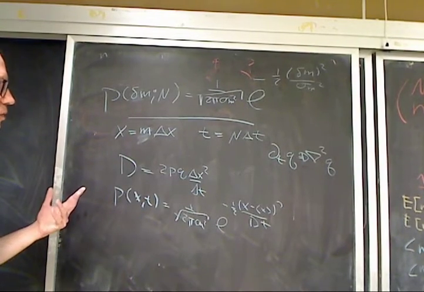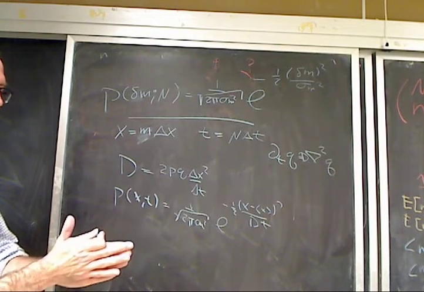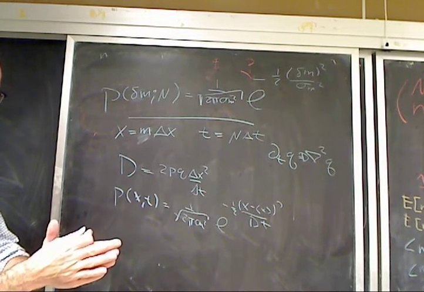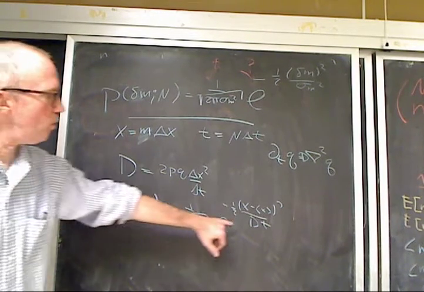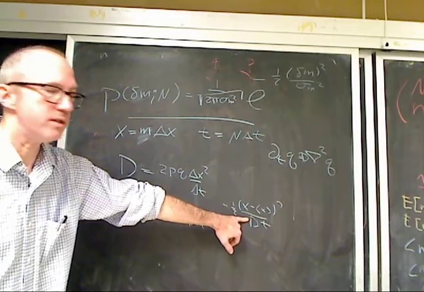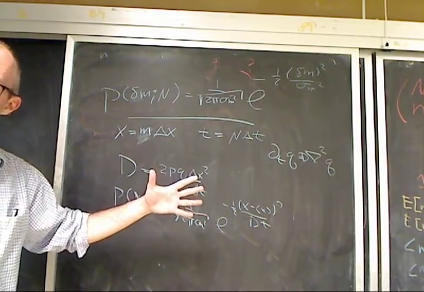So let's say I start with a delta function. So I just start with all of my heat in one point. It's going to expand like a Gaussian, and the width of that Gaussian is going to go up with time. It's going to spread out. Does that make sense?